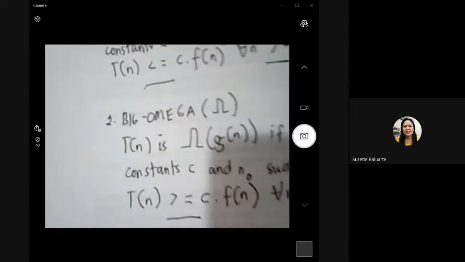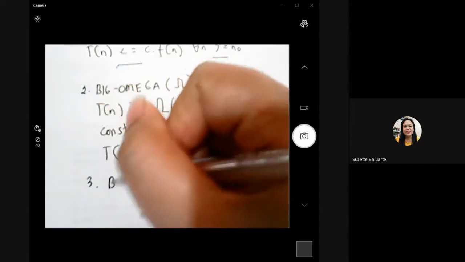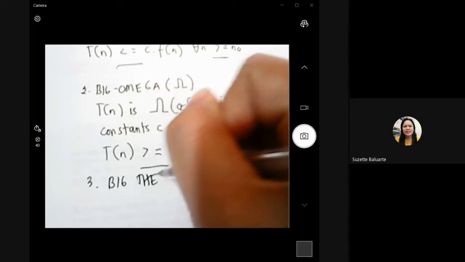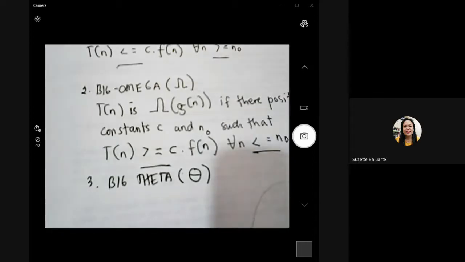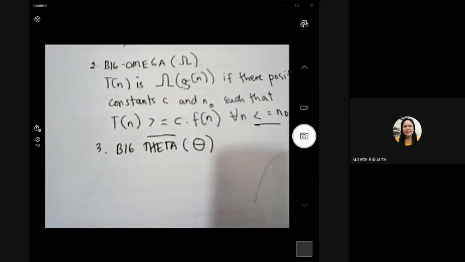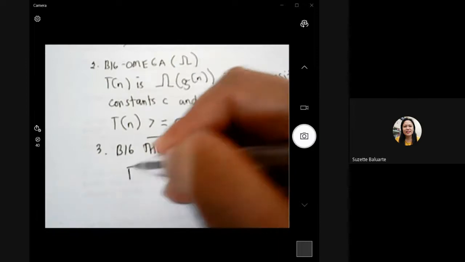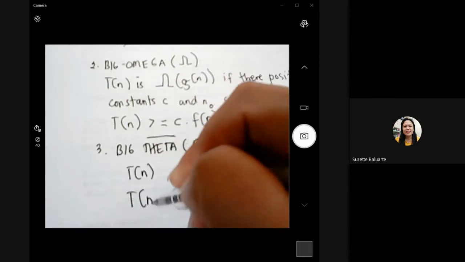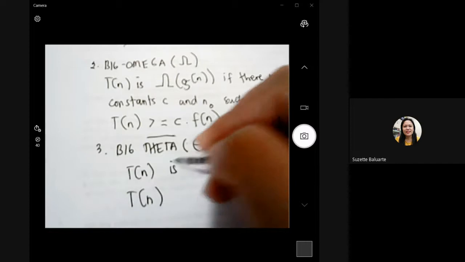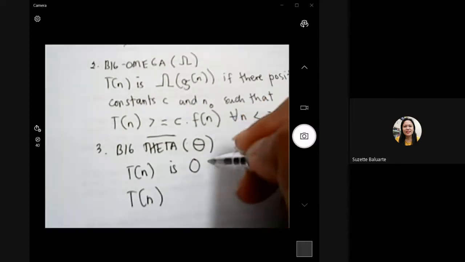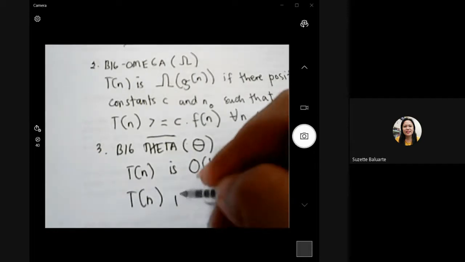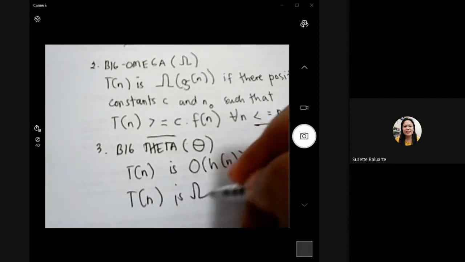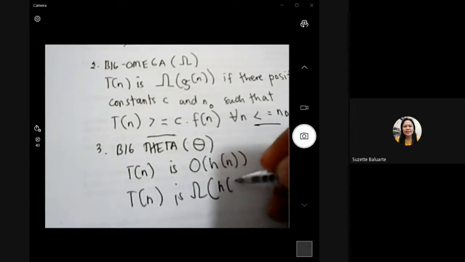So how about big theta? Number 3, big theta. I think you know the symbol for theta. The T of n is big theta if it is big O of h of n and big omega of h of n.